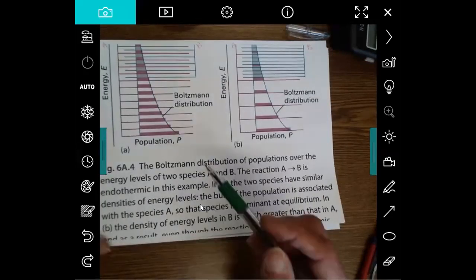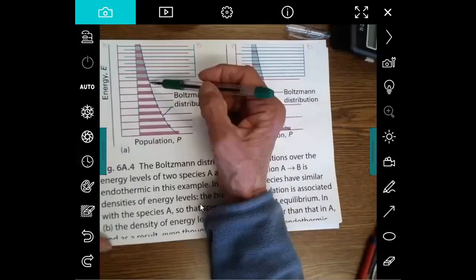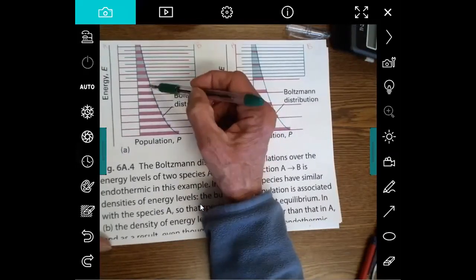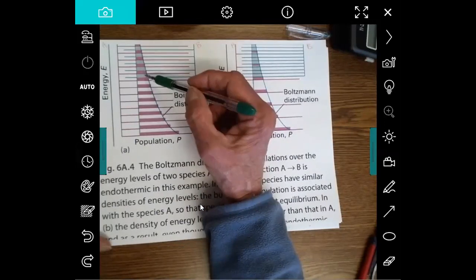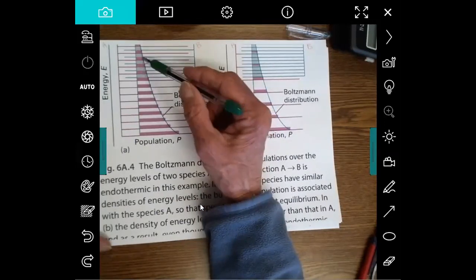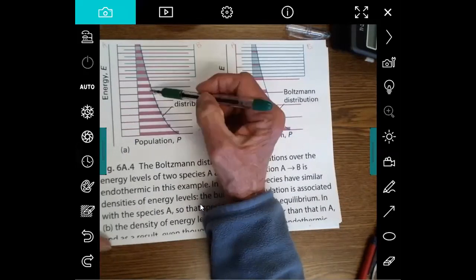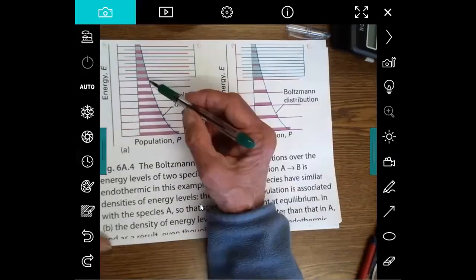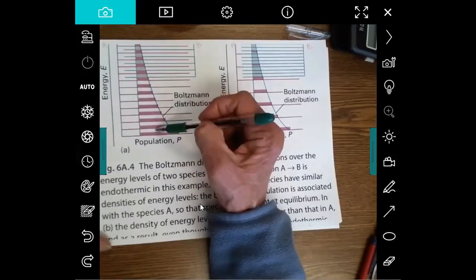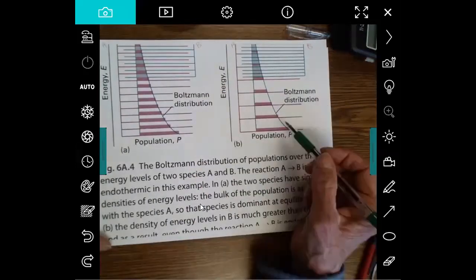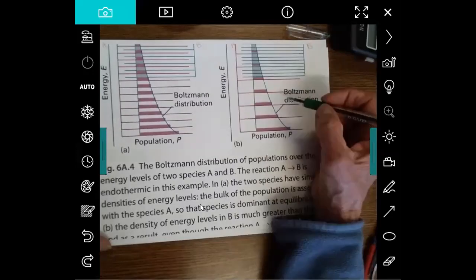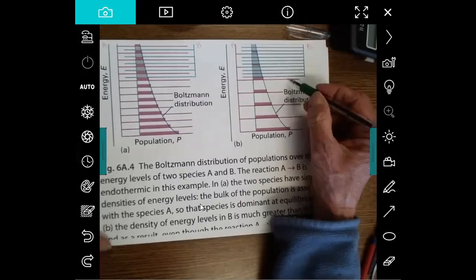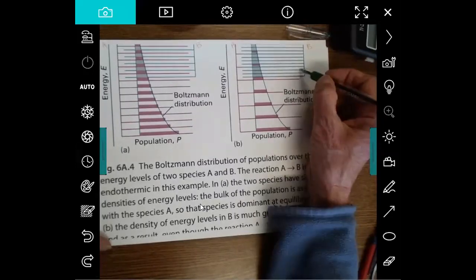in the end, it turns out because it's endothermic, you have all of these populated states at lower energy for A, and then you continue up, and B's states are populated too, but you don't have as many because you had to put energy in to get up to this point. So you're going to have an equilibrium that's dominantly A, whereas over here, it's different in that A's states are fairly far apart and B's states are really close together.